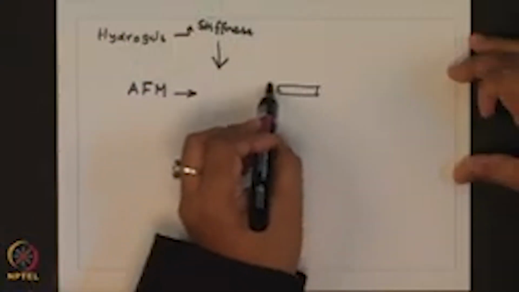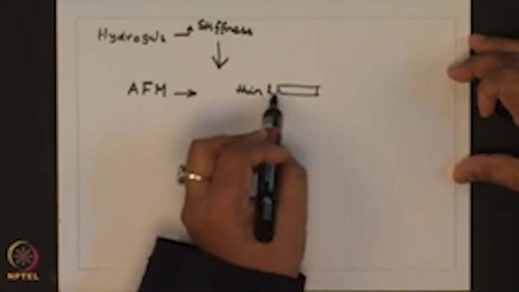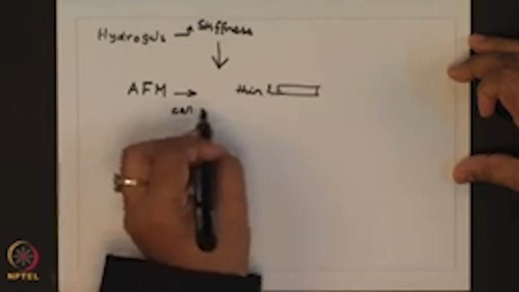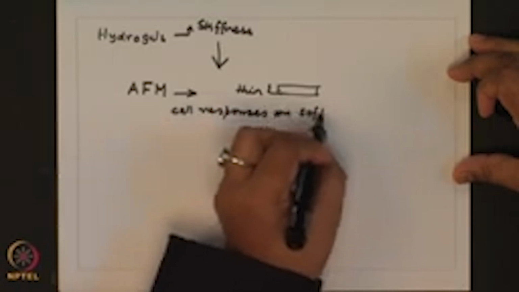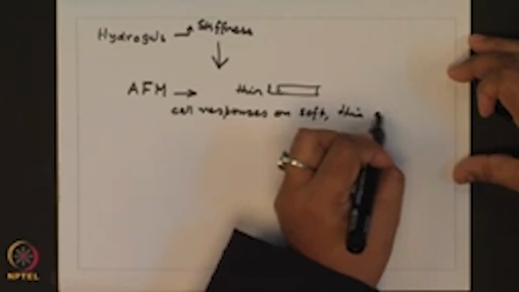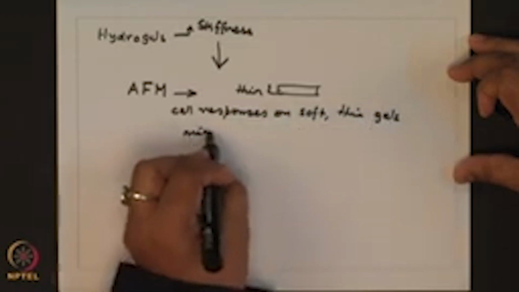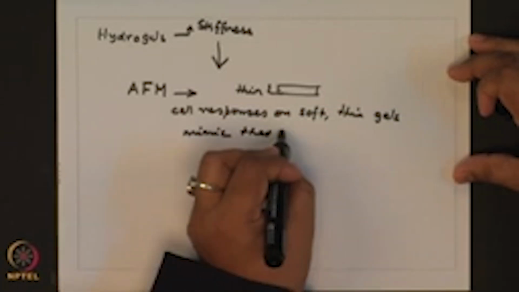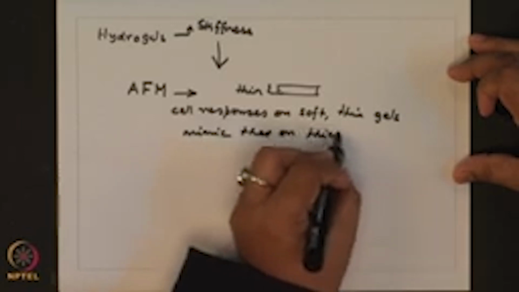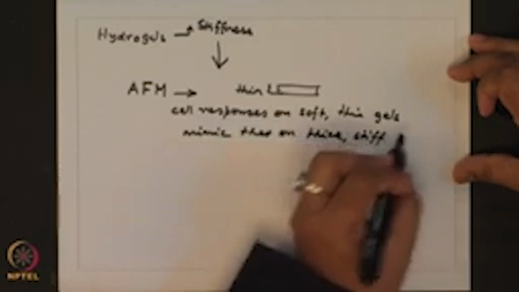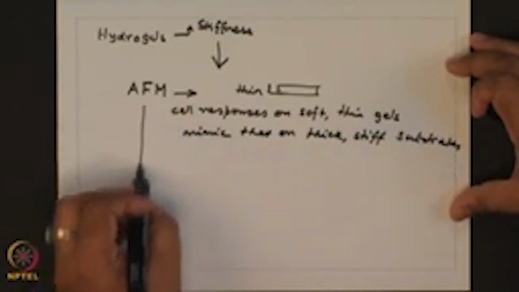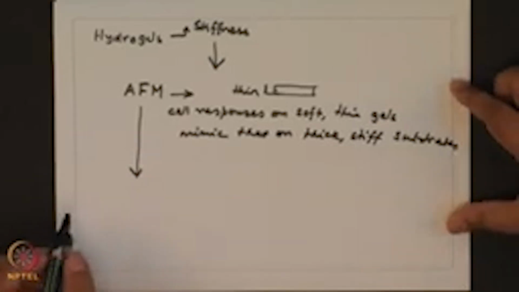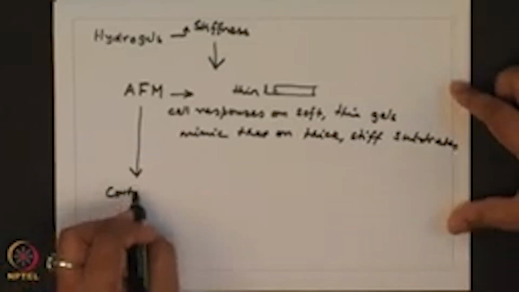So, for example, if a gel is very thin, then cell responses on soft thin gels mimic that on thick and stiff substrates. While using the AFM, I discussed how you can measure cortical stiffness of cells.